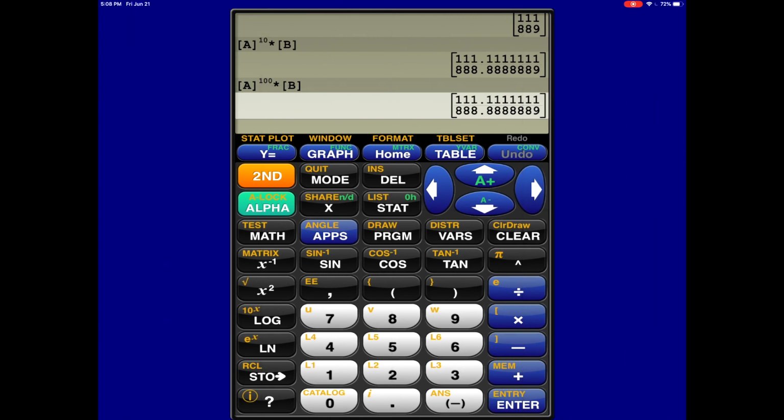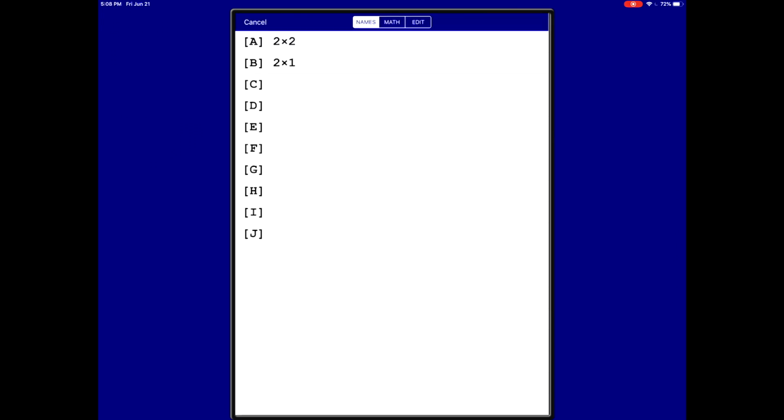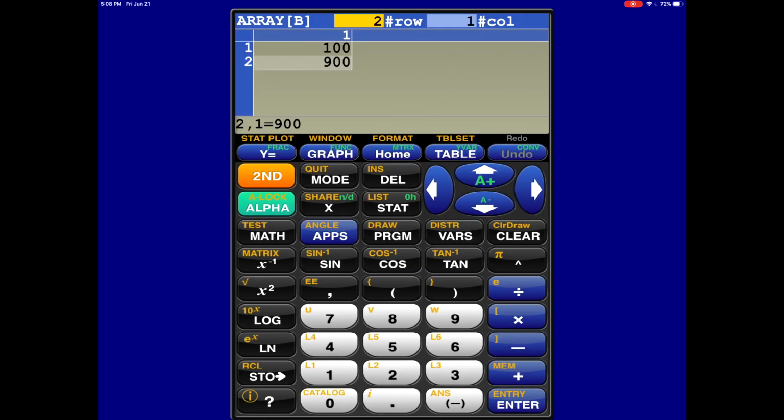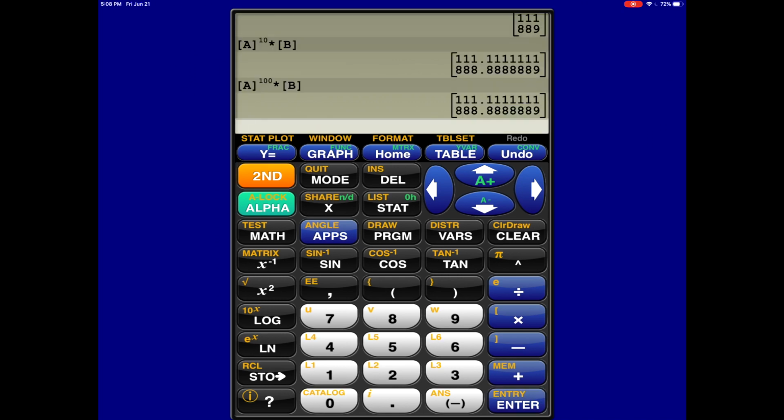Cool, cool? Fortunately, we have the same transition matrix, so I'm just going to change B, okay? So we're going to go into the matrices, and then we're going to go to edit B, and so this one we're going to put 0 and 1. Cool, cool?